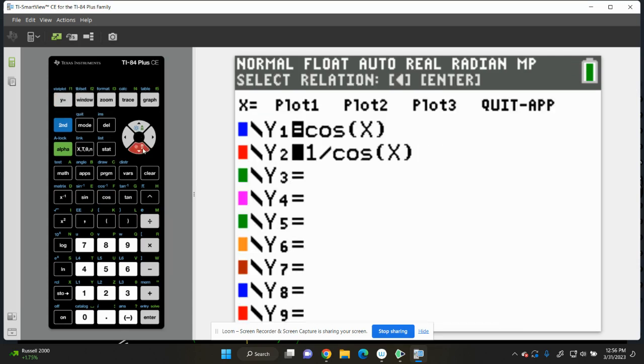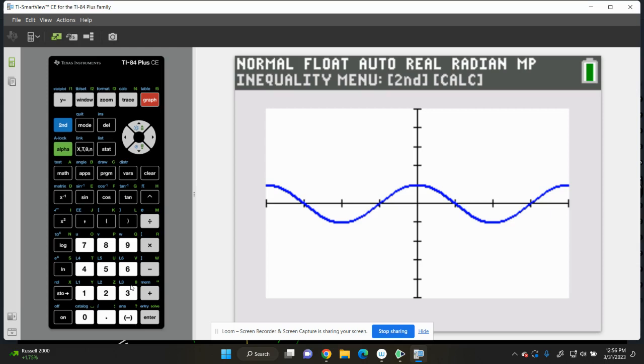Okay, so here's my cosine function. It looks like sine, right? But if you only look at the right side, now you recognize that as your cosine function, right? But then remember we said cosine is basically sine just moved over, okay?